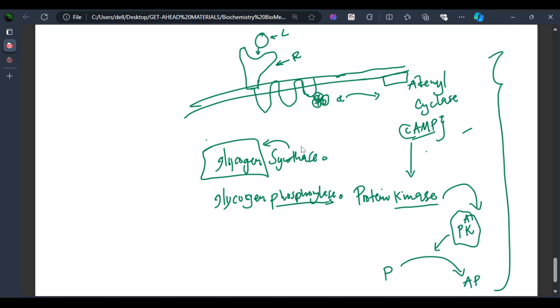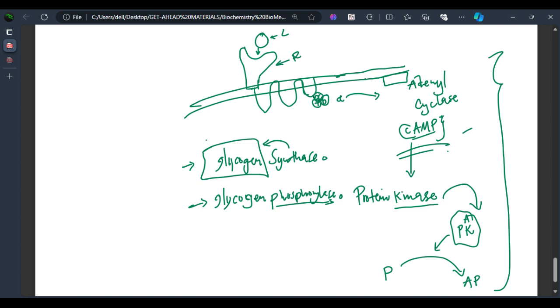When you dephosphorylate it, when you remove the phosphate, its action is restored. But for glycogen phosphorylase, once you add a phosphate to it, it's going to be activated. When you dephosphorylate it, it's going to be inhibited. So please get the difference between these two. And that's the action of cyclic AMP.